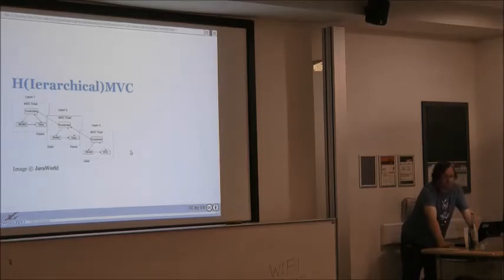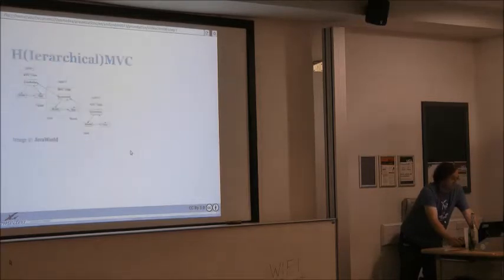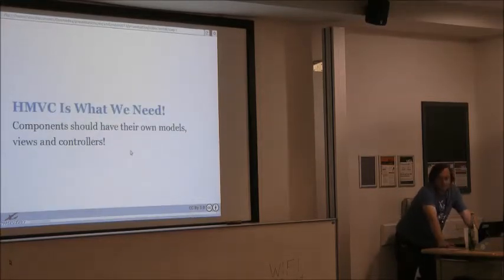This feature is taken from Java. If you Google for hierarchical MVC, HMVC, you will find a lot of references on the web. So it's a very well-known problem. And what we would like in XForms is exactly something to implement this HMVC. Components should have their own models, views, and controls.